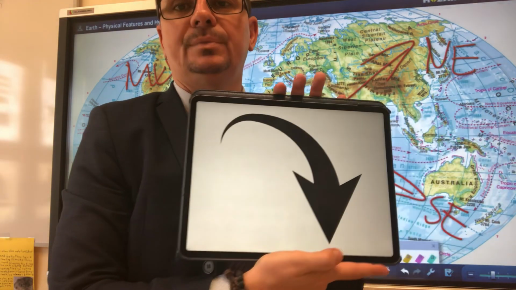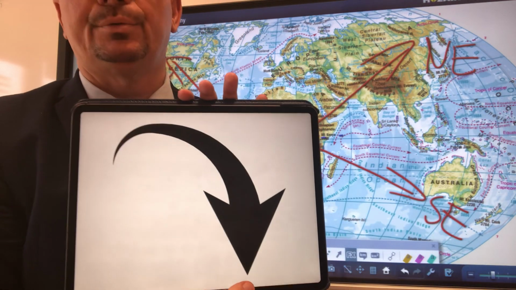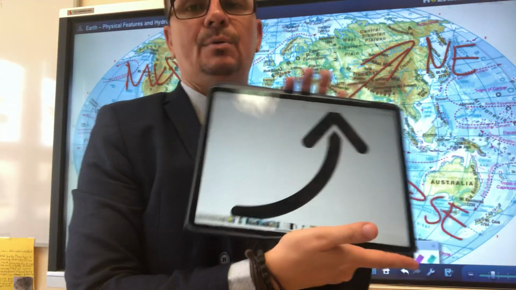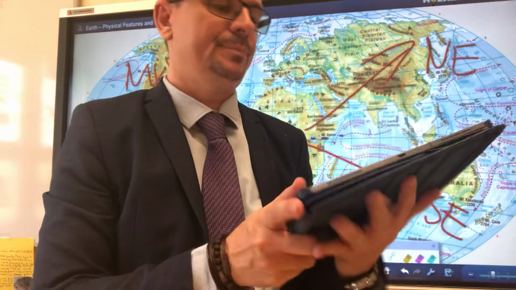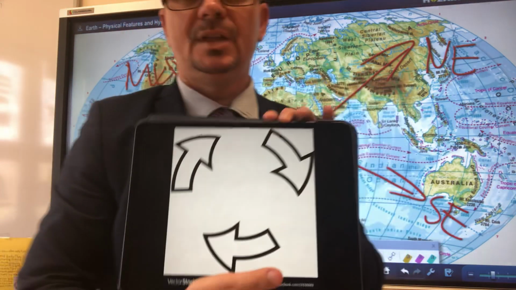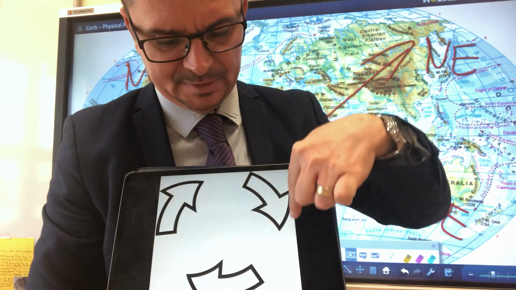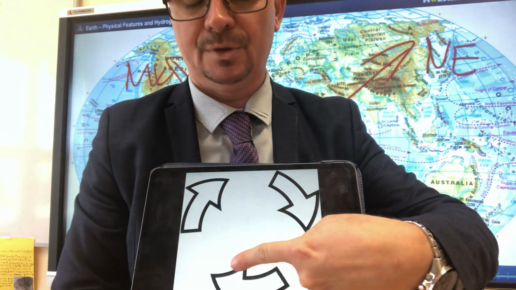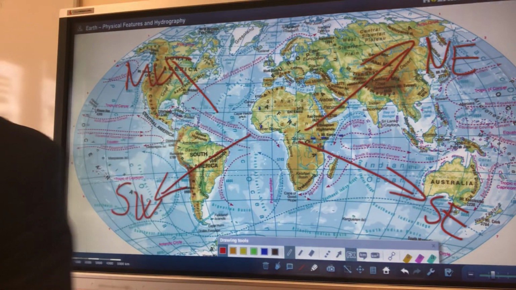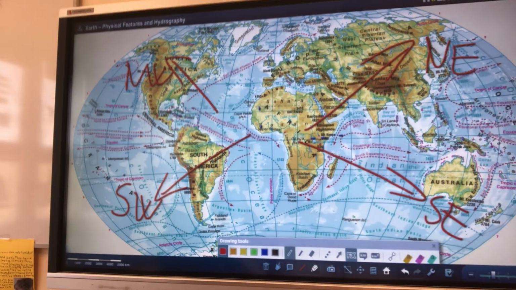So let's see this one. It's pointing to south. Okay. Let's see a bit more complex image. Oh, okay, now I found it. It's pointing to north. And let's see this complex image. Okay, so this arrow is pointing to south, and this one to the west, and this one to the north. Okay, so that's what you need to remember about directions.